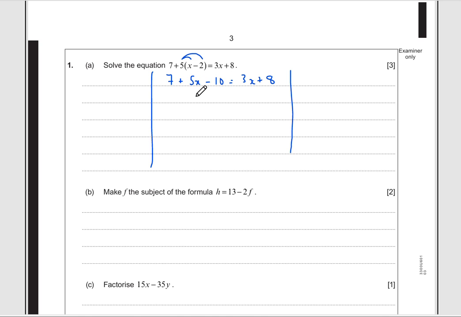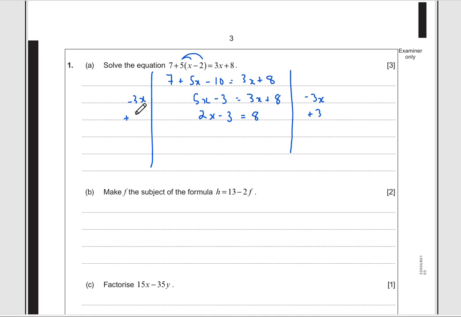I want to tidy up the numbers on this side. I start to rearrange. So it's going to give me minus 3, 3x plus 8. I'm going to collect my x's together. So subtract 3x is going to give me 2x minus 3 is equal to 8.